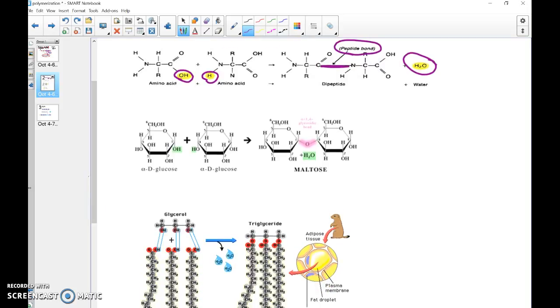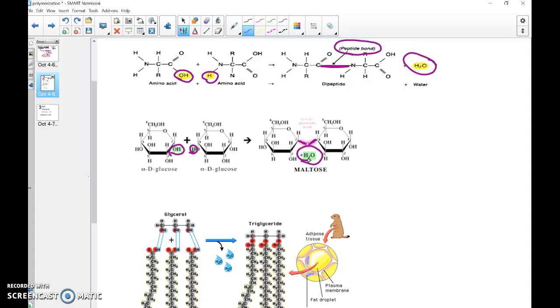Now, carbohydrates are our current point of focus. Different carbohydrates have hydroxyl groups in different places. And so here you have a hydroxyl group and a hydrogen, and you'll notice here that there's a connection and an oxygen. And so here this water has come out. And this is actually how carbohydrates join.